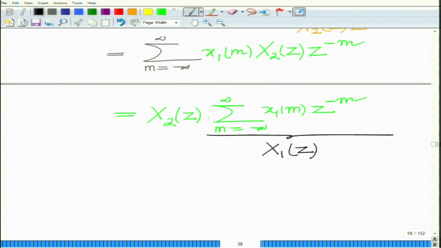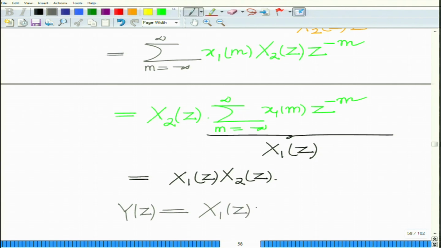So, this is basically the product of the Z transforms, x1 z into x2 z. What we have here is basically y z equals x1 z into x2 z.